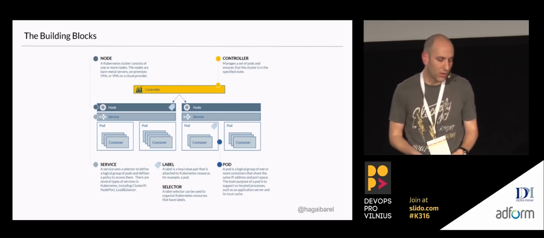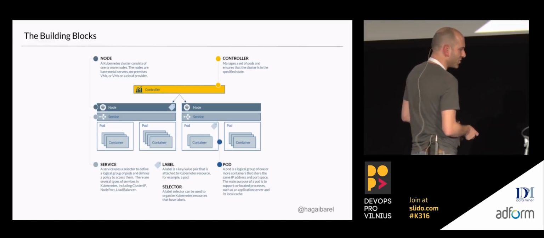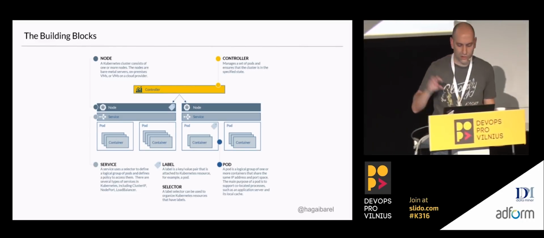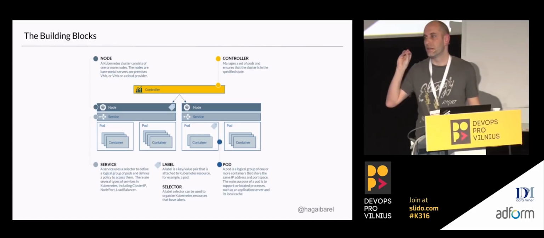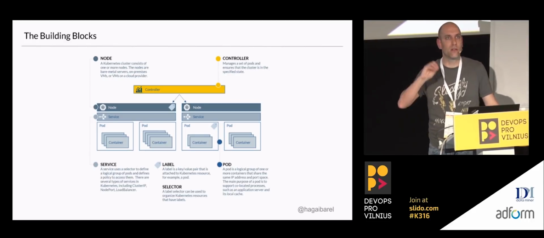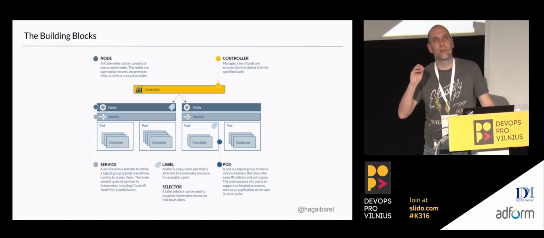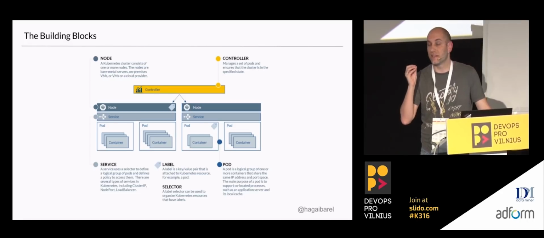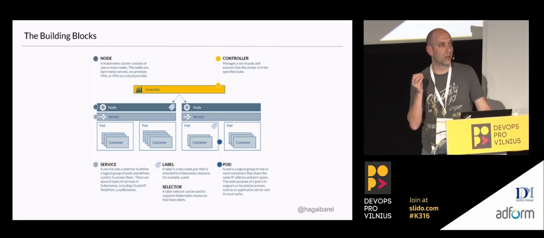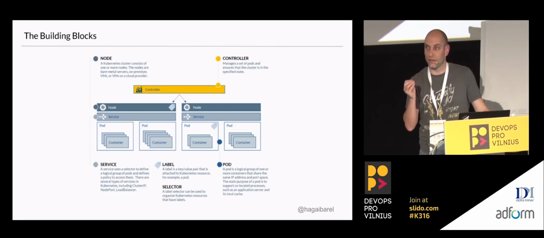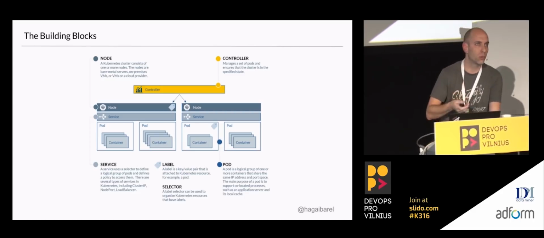Now, the idea of a pod is that you can co-locate containers that have a lot of interaction together. For example, think of a web server that needs a cache. You want to keep them very, very close together because you don't want to pay for network latency.